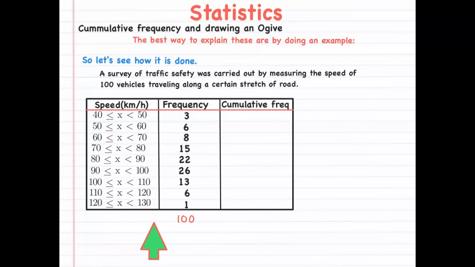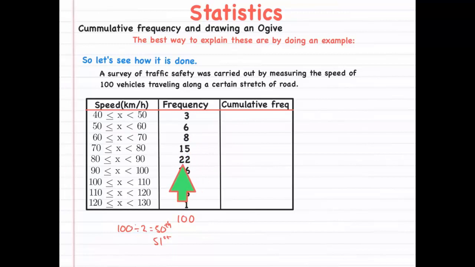Got it? Now, to get the median class, we take the 100 and divide it by 2 because this is an even amount. So 100 divided by 2 gives us 50. So we're looking at the 50th value and the 51st value. Now, 3 plus 6 plus 8 plus 15 gives us 32.